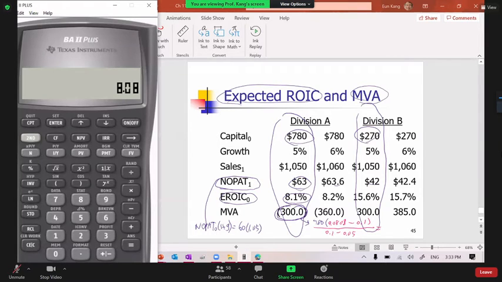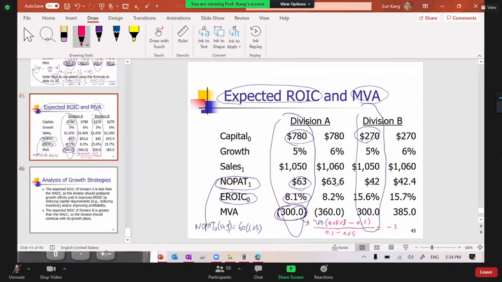So 8.08 divided by 100, minus 0.1, times 780 equals minus 15. Divided by 0.1 minus 0.05, which is 0.05, is minus 300. That's how you get this one.